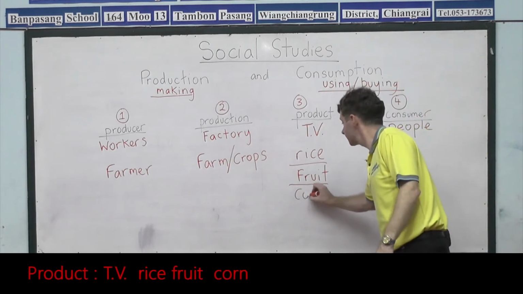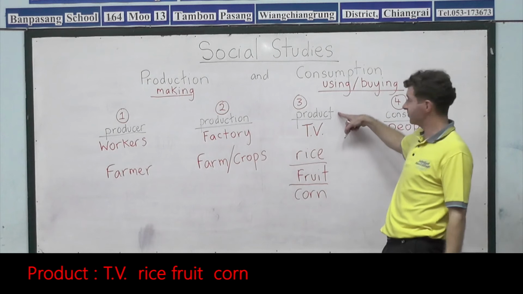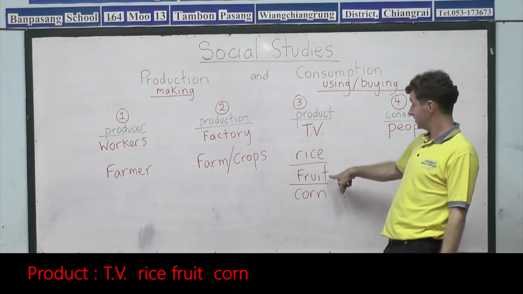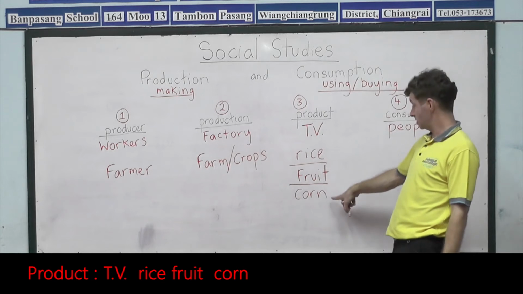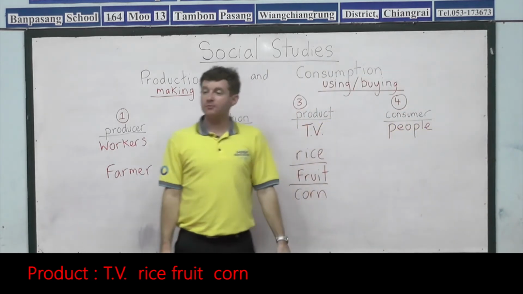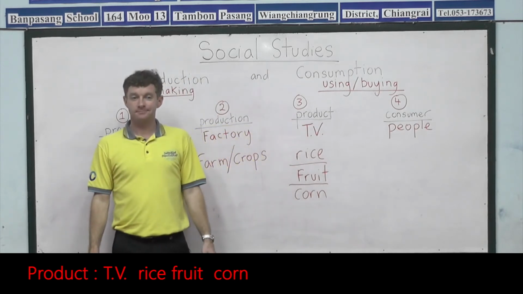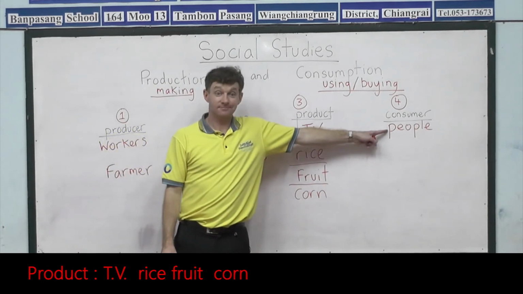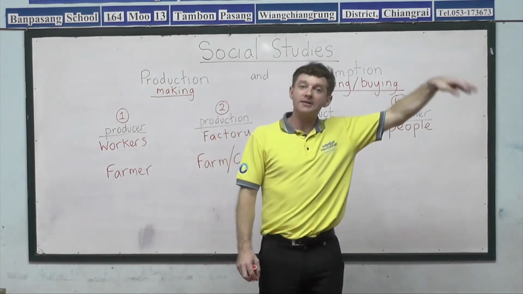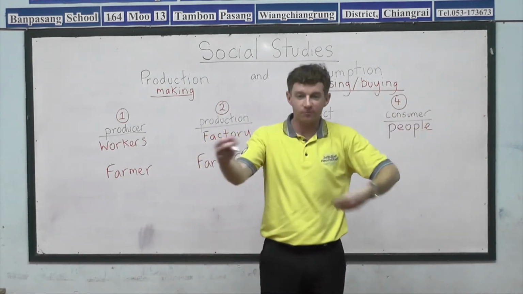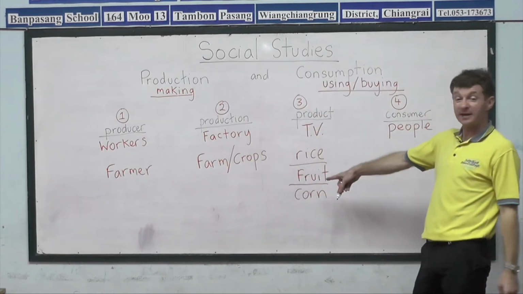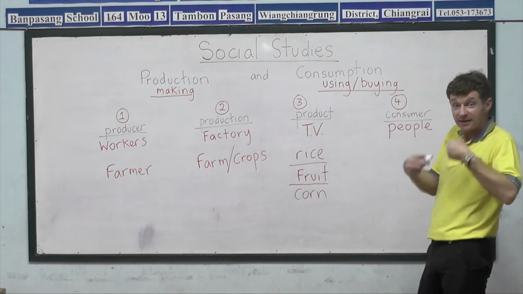So you see, there are many different types of products. Rice, fruit, corn. Who's the consumer? People. Same again, we're always the consumer. At the end of the cycle, it's people who buy, people who use, or in this case, people who eat.